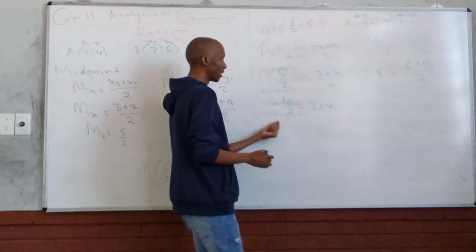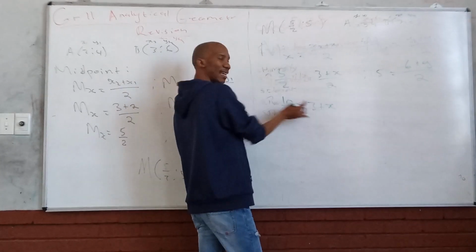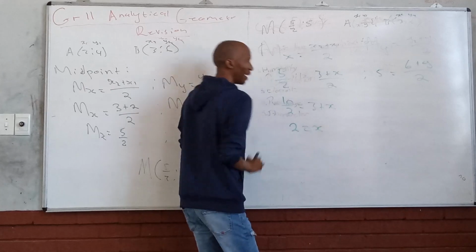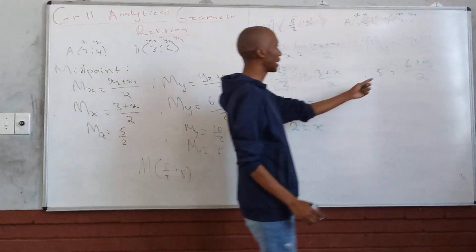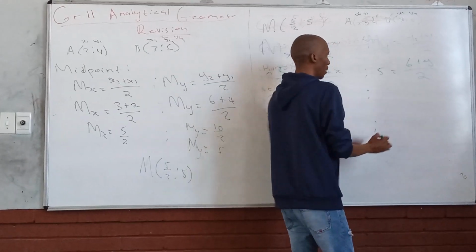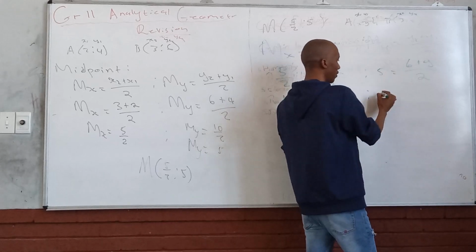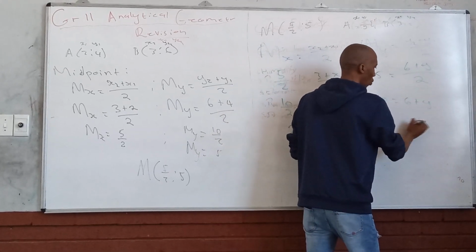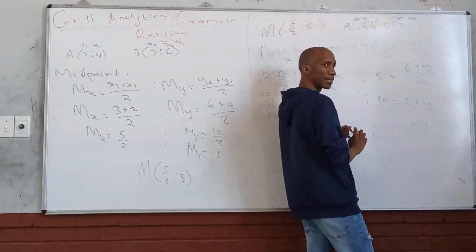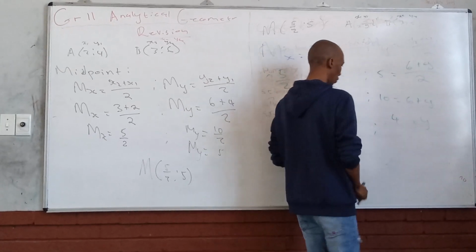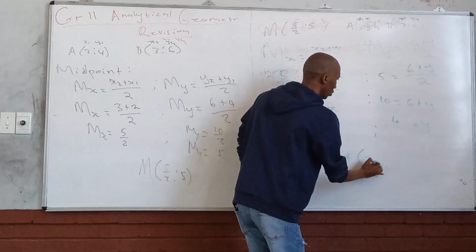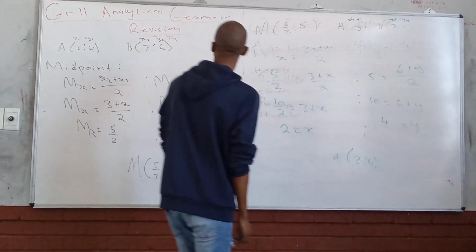So it's going to be 5 minus 3, which is 2. 2 is equal to x. On this side again, 2 multiplied by 5 is 10, equal to 6 plus y. So y will be 10 minus 6, which is 4. So the coordinates of A are 2 and 4.